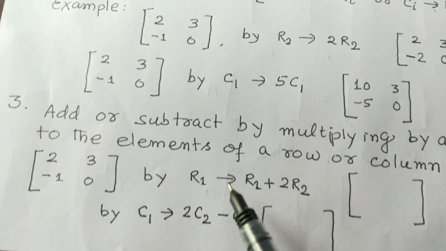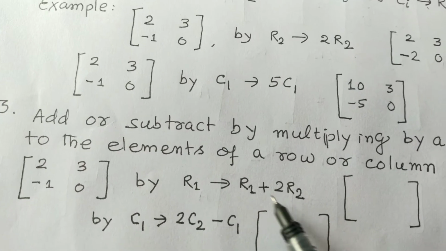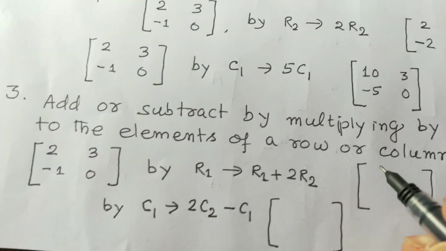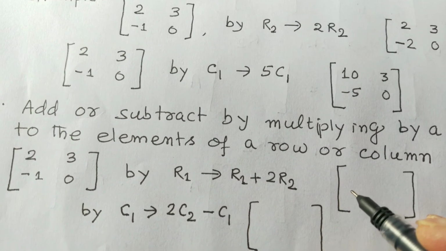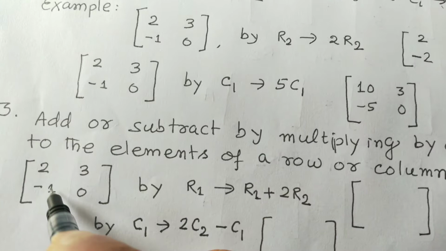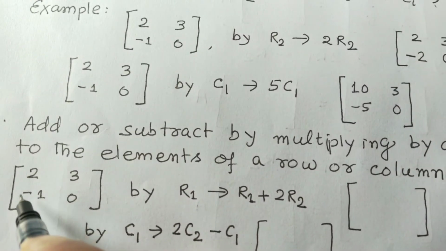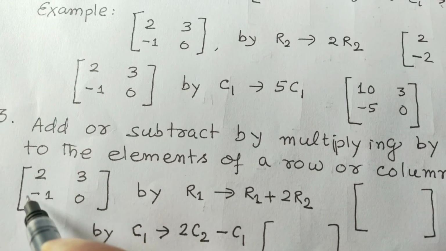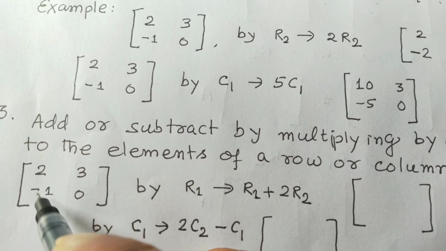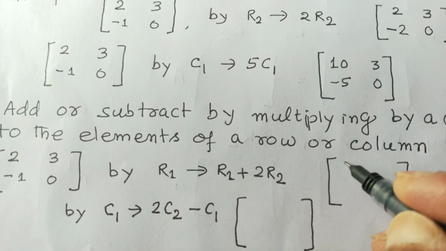Row 1 plus twice of row 2. Row 1's first element is 2. I will be adding twice row 2, multiplying this by 2. So 2 minus 2, I will get 0.